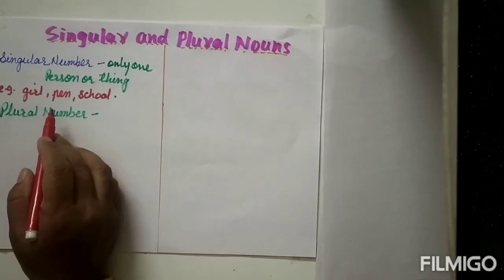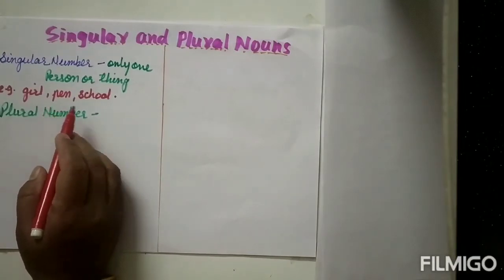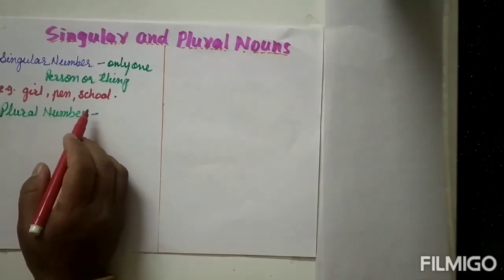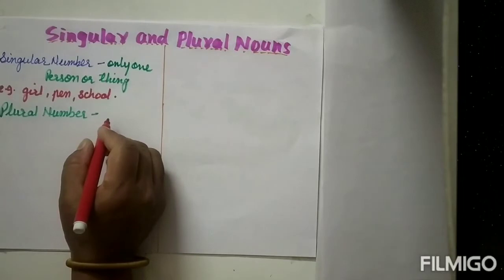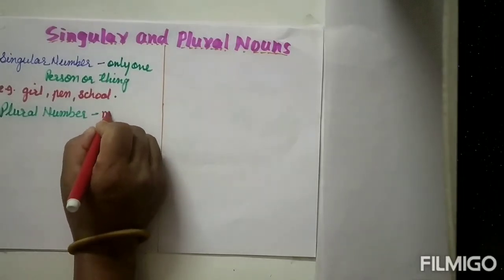A noun that denotes more than one person or a thing is said to be a plural noun or plural number. Means more than one person or thing.